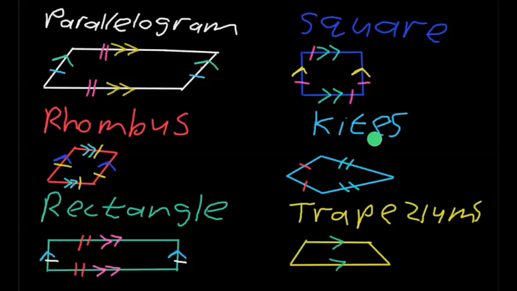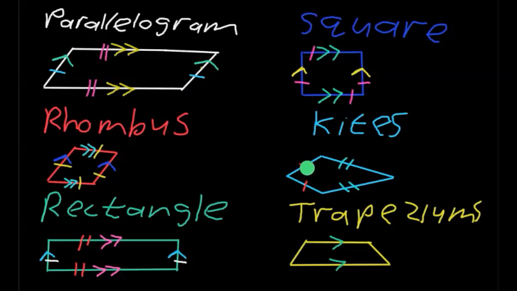Next we observe the kite. The kite is now different from all of the previous ones, the parallelogram, the rhombus, the rectangle, and the square, in the sense that we don't have parallel lines. What we do have is lines that come together to form an angle, and those lines have the same length.